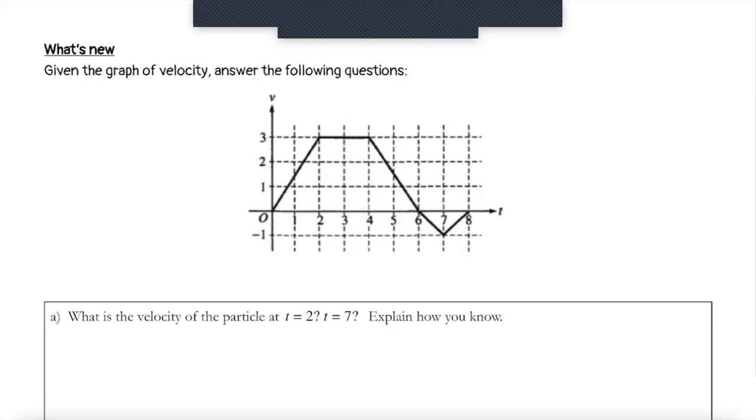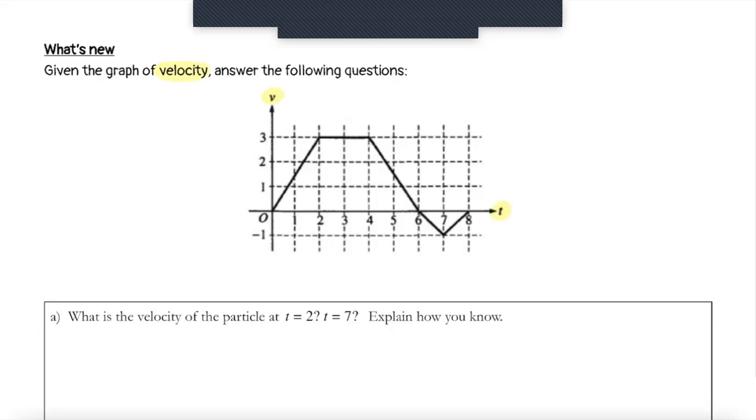And so we might notice here that they've already labeled the coordinate axes for us. We have a T down here for time, and we have a V up here for velocity. And so it would be so important, if you are not used to reading the coordinate axes before you start answering a question, you 100% want to start doing that right now.